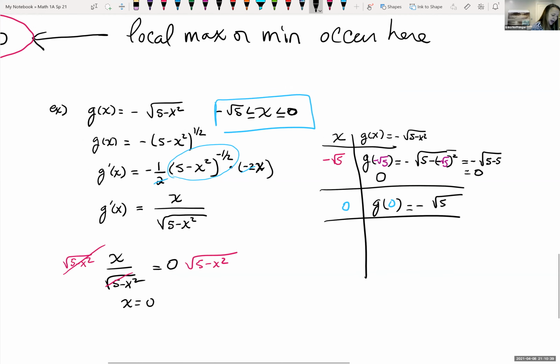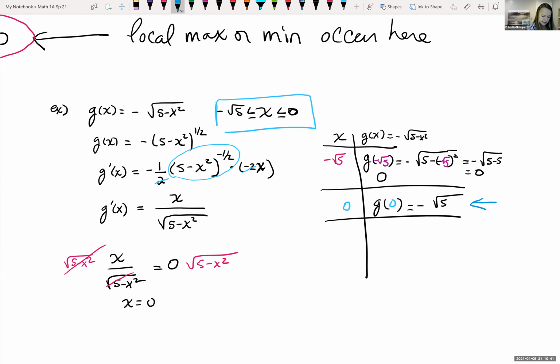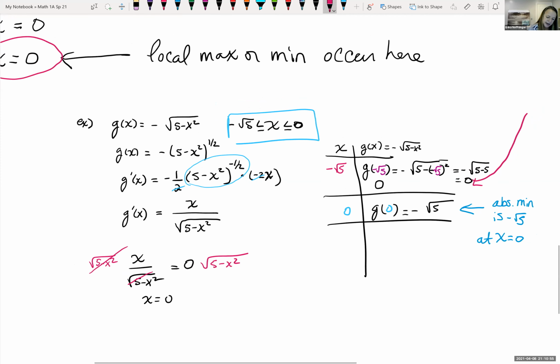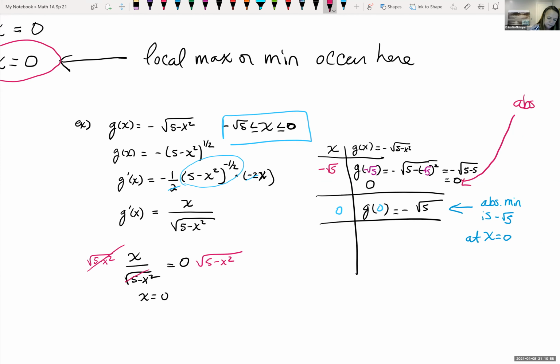So this is my absolute min, -√5 at x equals 0. And then my absolute max, 0 is bigger than -√5. So my absolute max is 0 at x equals -√5.